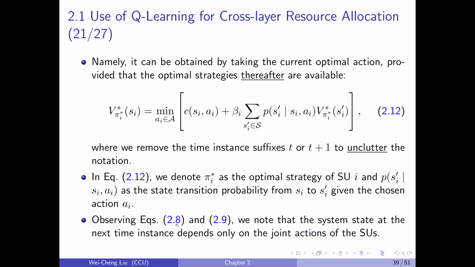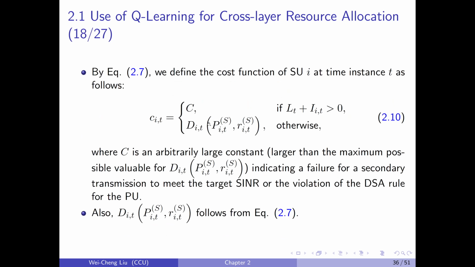Observing equations 2.8 and 2.9, we note that the system state at the next time instance depends only on the joint actions of the secondary users. What is the meaning of this sentence? First we need to review what the system state is. So let us search for the slides.